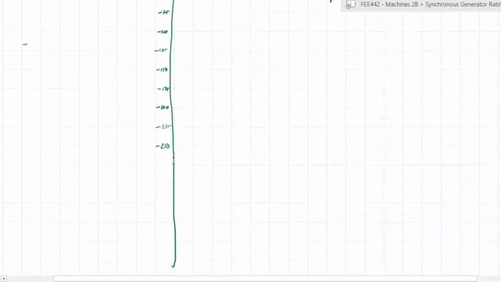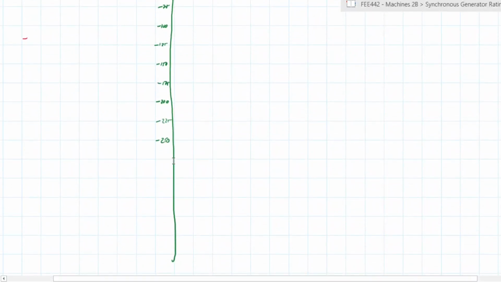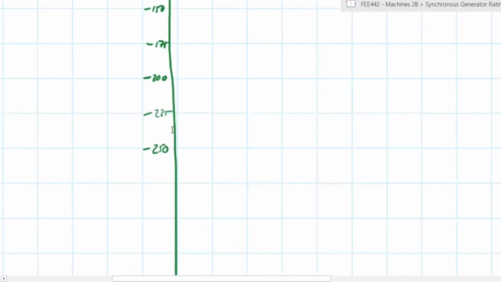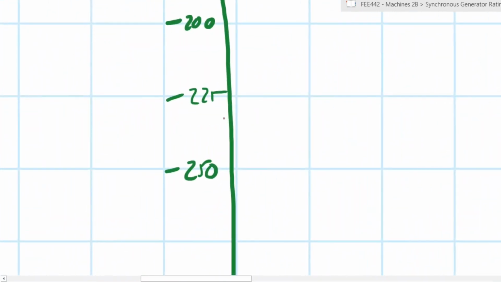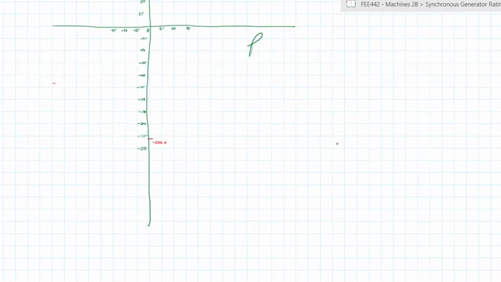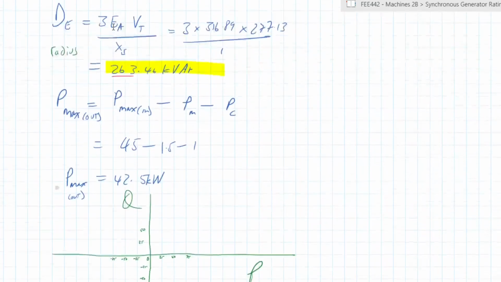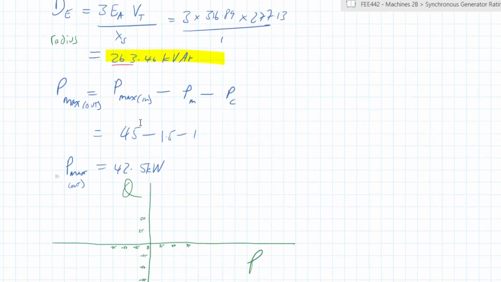Let's have it here, roughly somewhere there. And then it has a radius DE of 263.46. So that means it has a Q intercept.